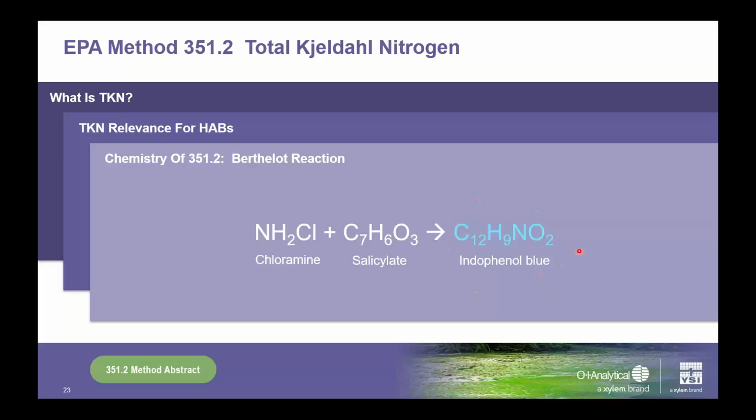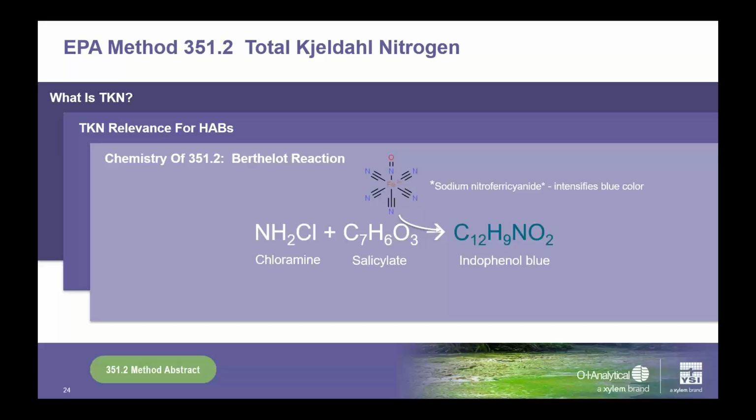So the indophenol blue that you generate, if we trace back through these steps, it is proportional to the ammonia concentration and to the total nitrogen concentration that was in that original sample. But sometimes there's not quite enough of it to see. And so we complex it, we add sodium nitroferrocyanide to intensify that blue color, which we then can detect at 660 nanometers.